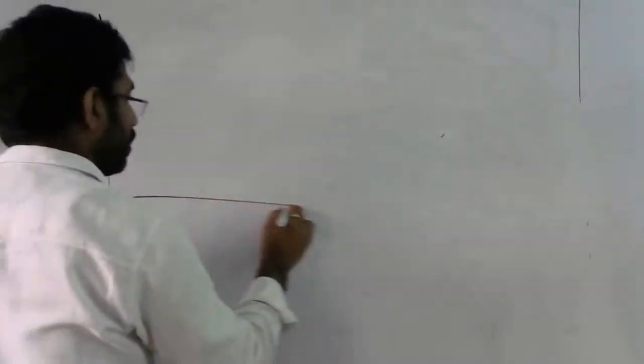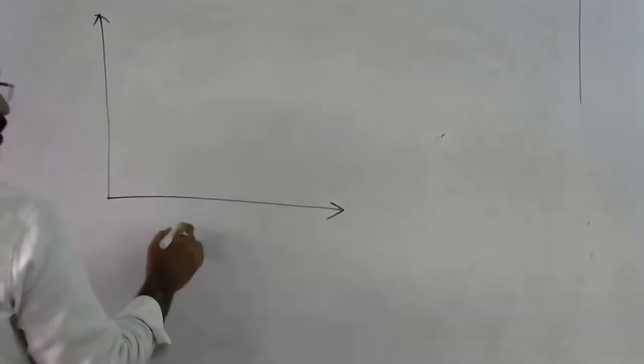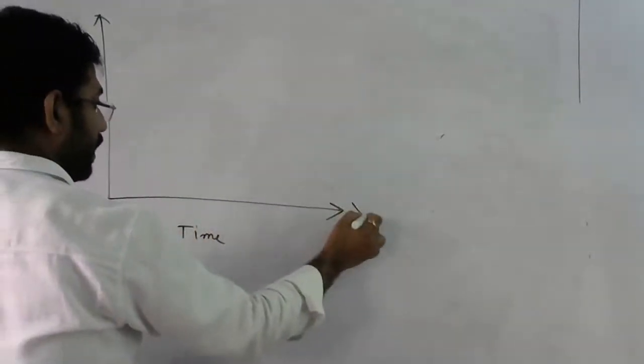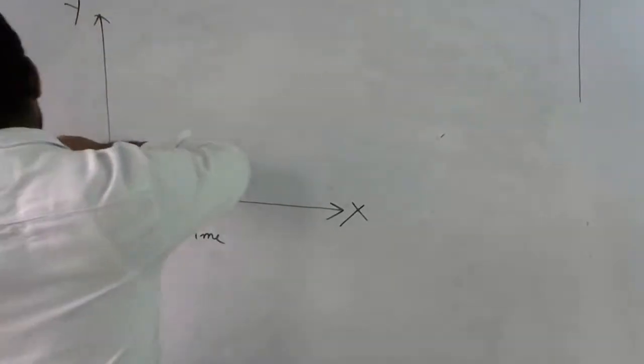Next, write the subheading: distance time graph for an object at rest. A distance time graph is a plot in which time is plotted on x-axis and distance is plotted on y-axis.